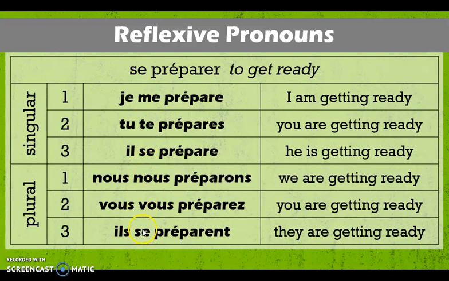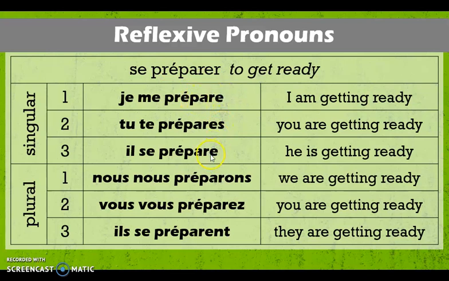So the reflexive pronoun goes in front of the verb form, which is where we normally see pronouns go in French, right? All right. So then with the verb form, we just conjugate it like we normally would according to its verb family. Préparer, a regular ER verb, so we're going to use our regular ER endings.